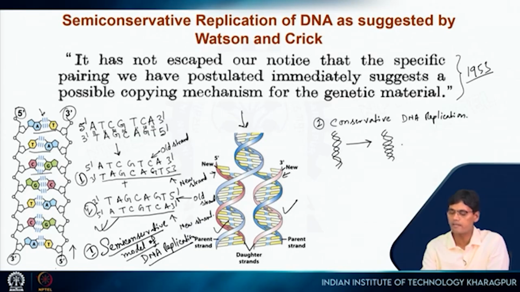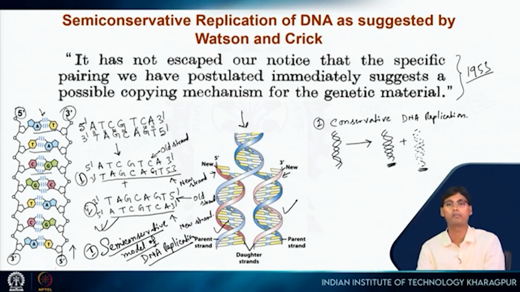This is the old DNA, plus one new DNA is synthesized here. So here both strands are new, and here both strands were old, or parental strands. The parental DNA is conserved here, and both strands contain new strands in this DNA. That's why this is called the conservative mode of DNA replication.